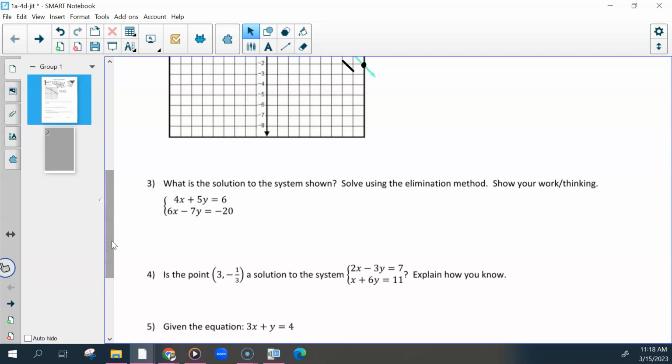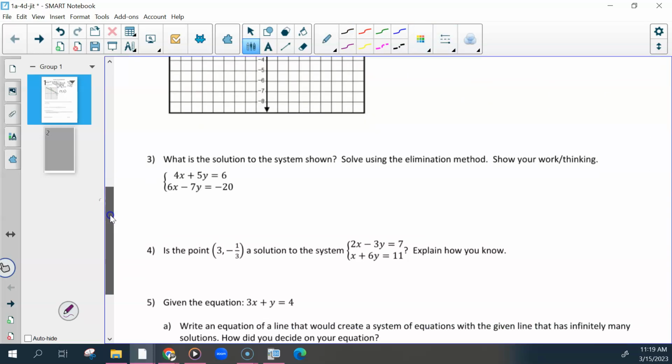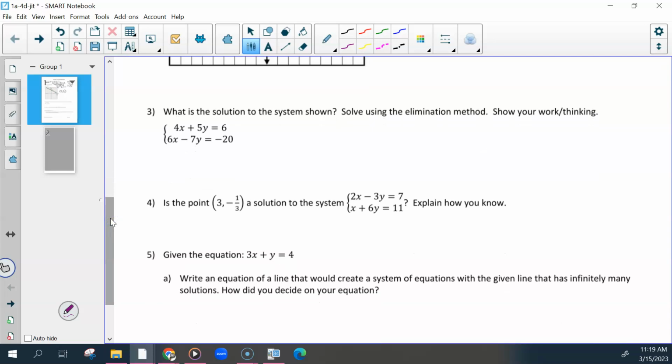You want to do number 3. So this is from what we were doing last class, eliminating. And there are multiple different ways you could have done this, so it doesn't have to match mine exactly.